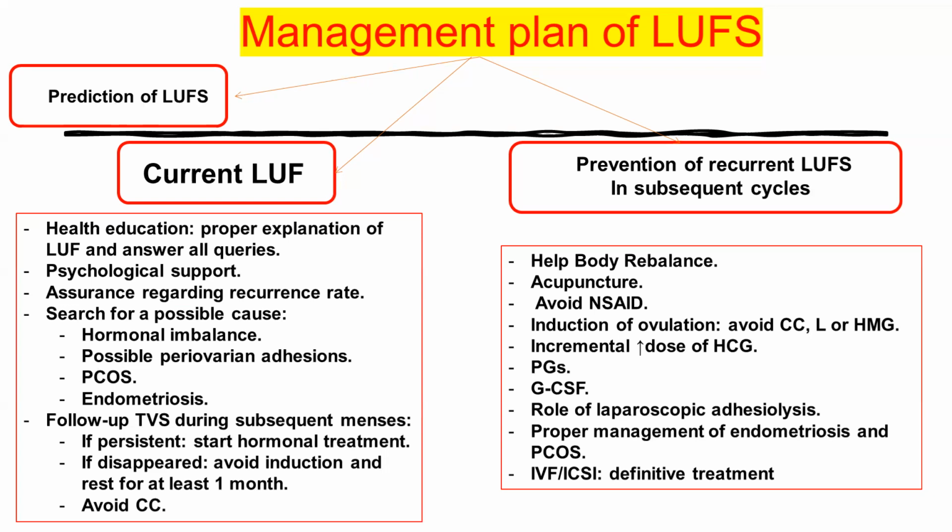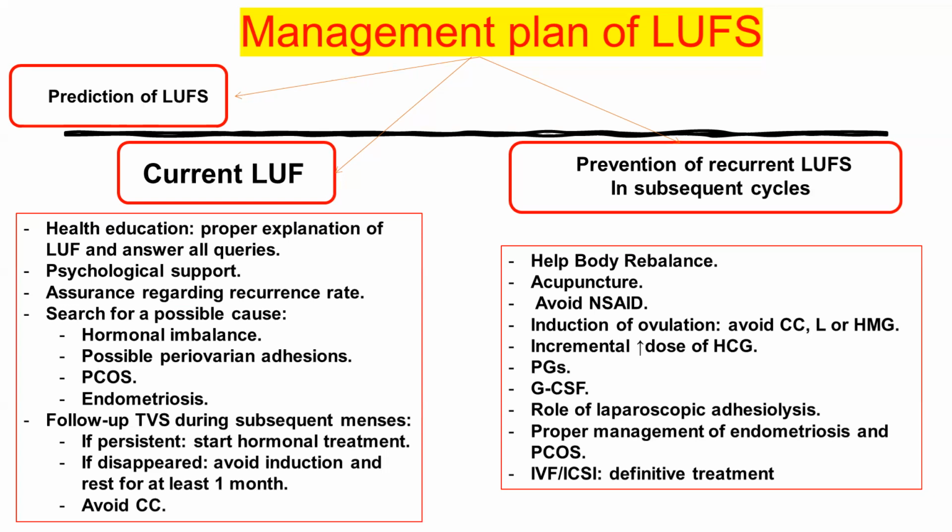So how do we manage the current LUF? You have to start health education by proper explanation of the LUF problem, answer all queries of the couple, and give psychological support, of course with assurance that this may not recur in the subsequent cycle. At least this will alleviate the stress of the couple.